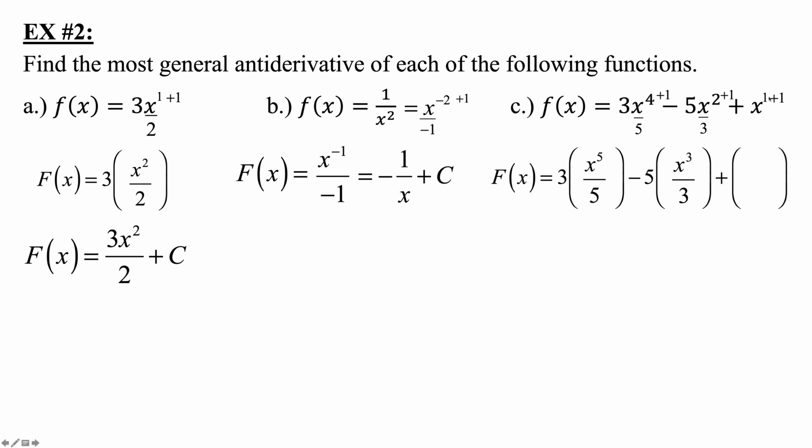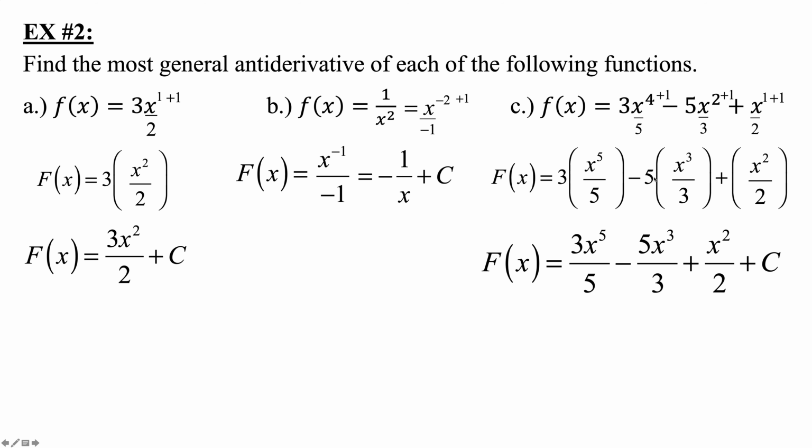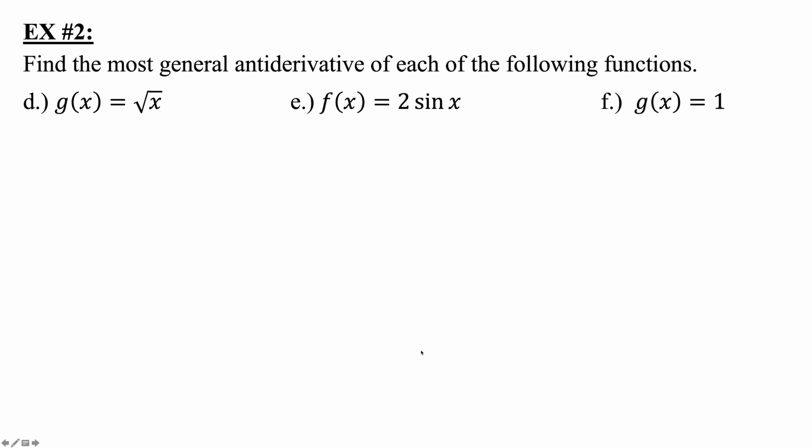Add 1 to the 1 is 2, divide by 2. There you go. Found all the variable terms first. Now let's multiply their coefficients in here. So this will be 3x to the 5th over 5 minus 5x to the 3rd over 3 plus our x squared plus c. That's your antiderivative f of x, or capital F of x.